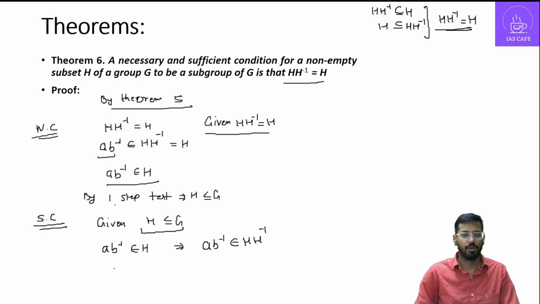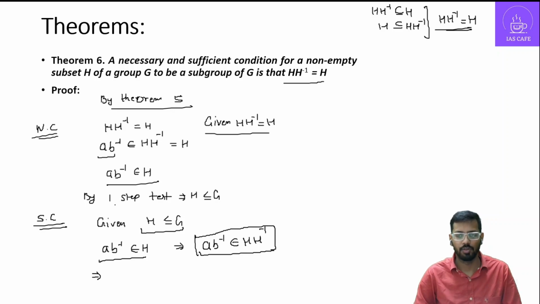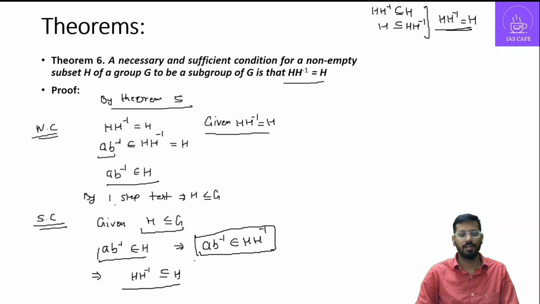Okay? From this we can say, by definition A B inverse belongs to H inverse, and by one step test A B inverse belongs to H. That means H inverse is a subset of H. Okay?